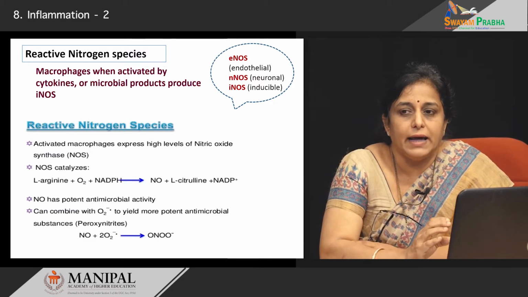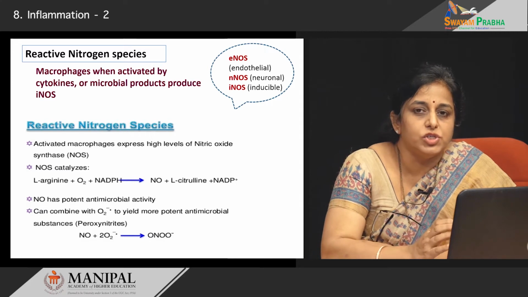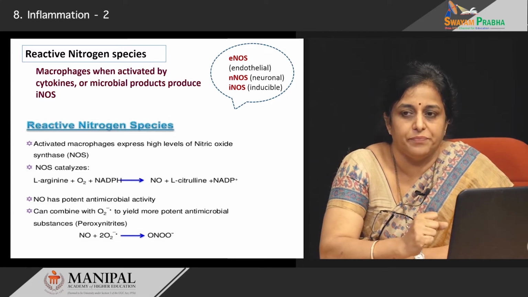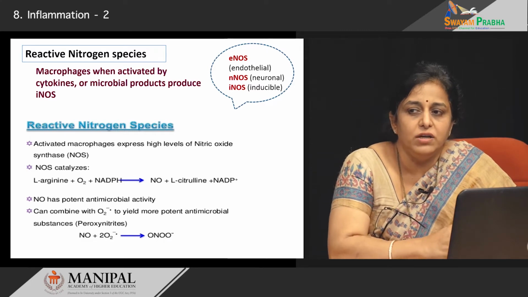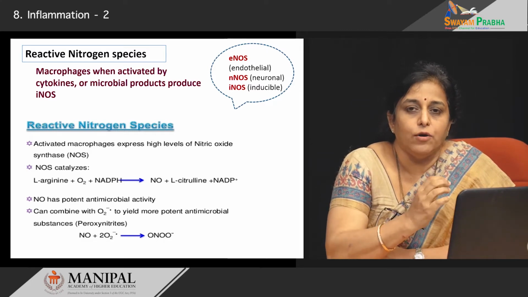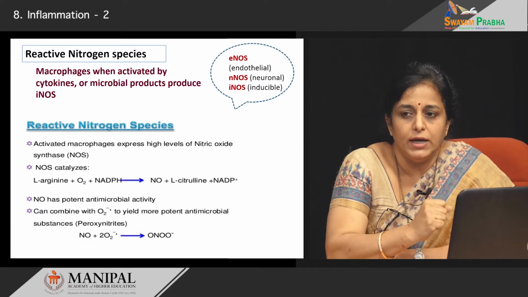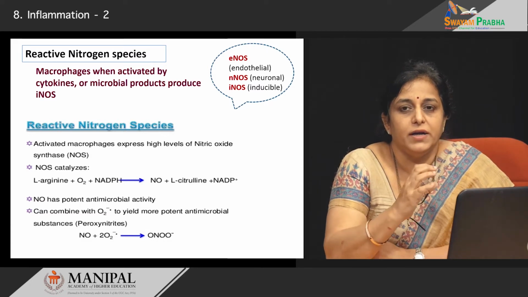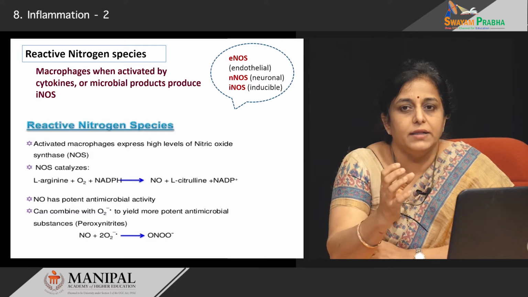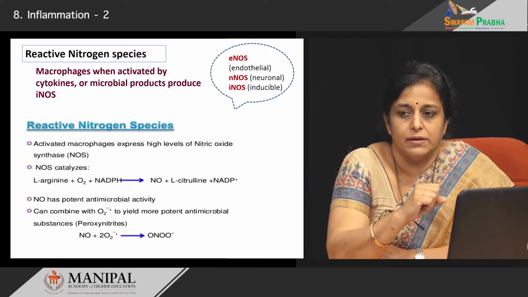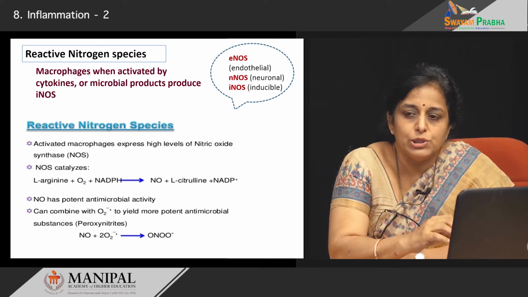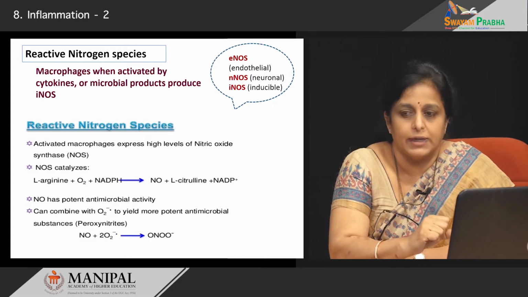It causes a catalytic action wherein oxygen is converted to nitric oxide. Okay. So, you have the nitric oxide. In this process, arginine is converted to citrulline and also NADPH is converted to NADP. So, oxygen, instead of getting converted to superoxide in the reactive oxygen mechanism, here is converted to nitric oxide, and this nitric oxide also has very potent microbicidal activity.